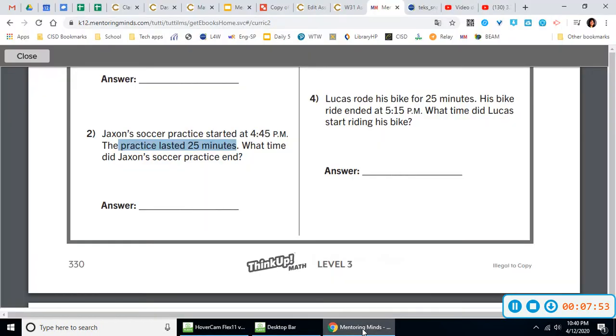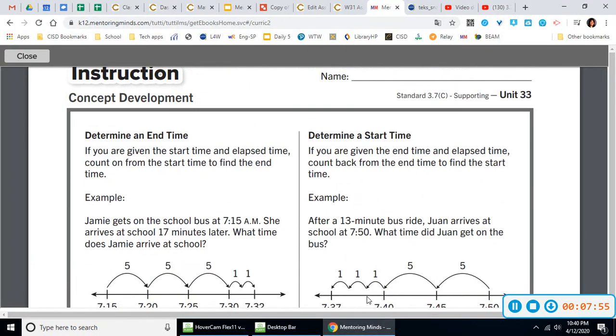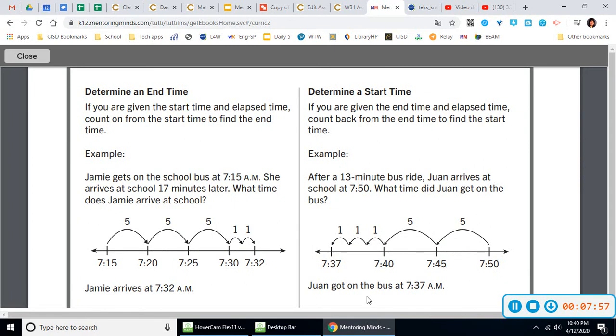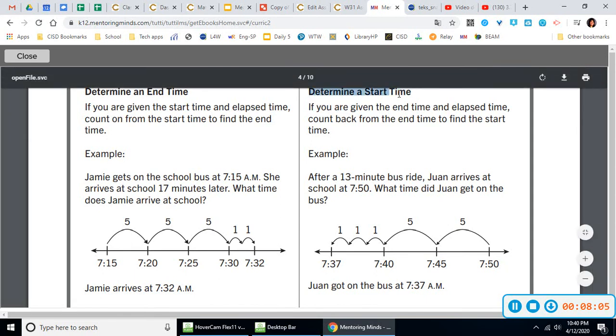Alright, let's go ahead and look at moving backwards now. So in this practice, we would be determining a start time. So if you were given the end time and elapsed time, count back from the end time to find the start time.